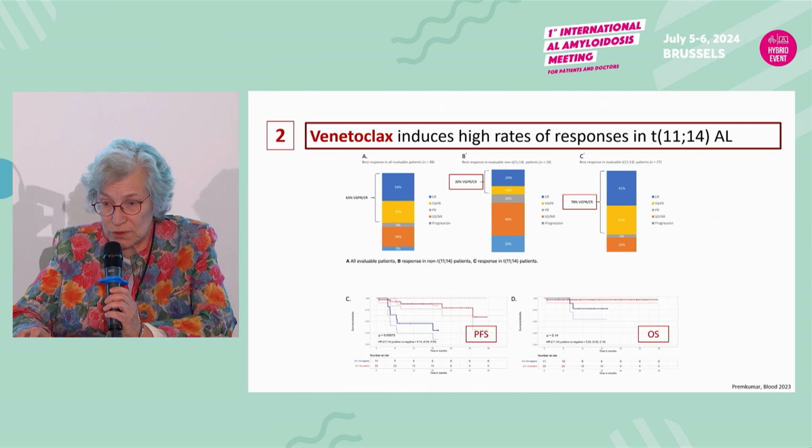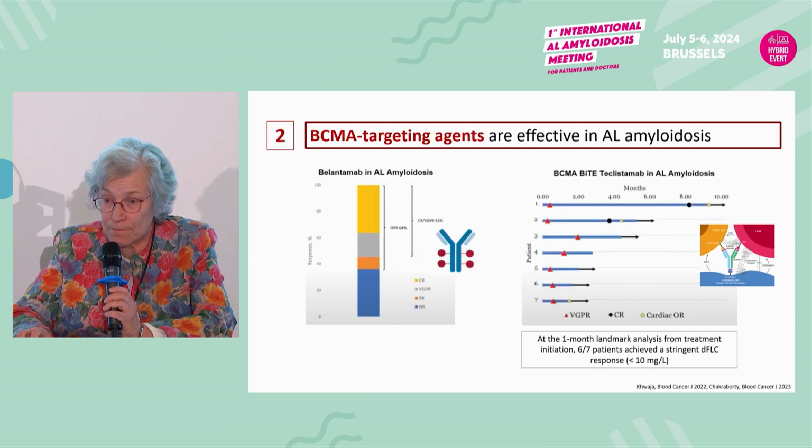So you saw this picture with venetoclax that induced a high rate of response in translocation 11;14 AL patients, a very high VGPR-CR rate compared to the patients who do not have a translocation 11;14.